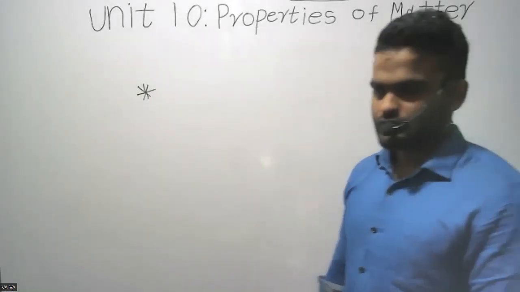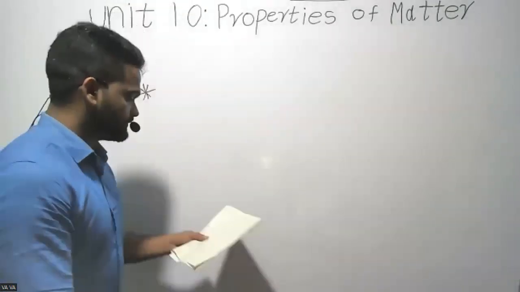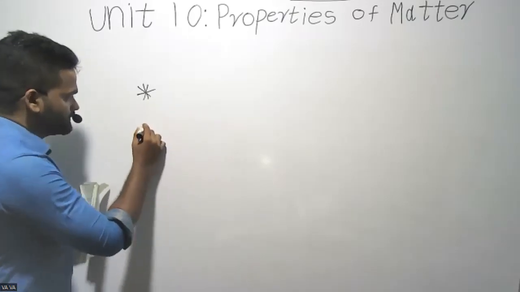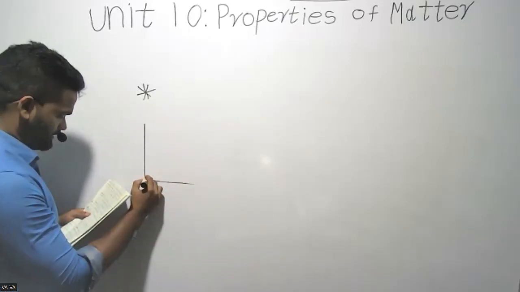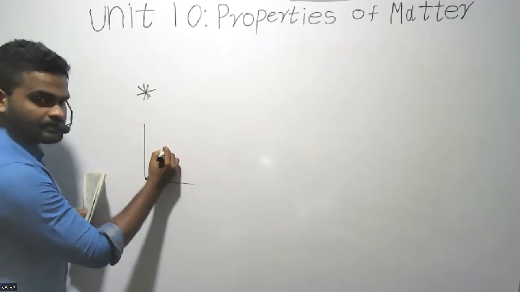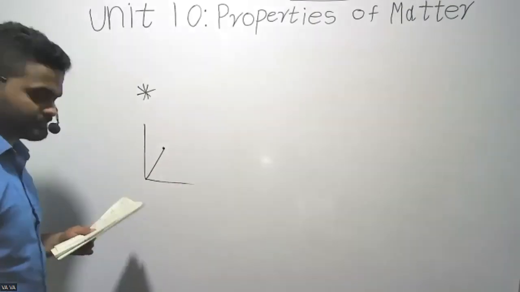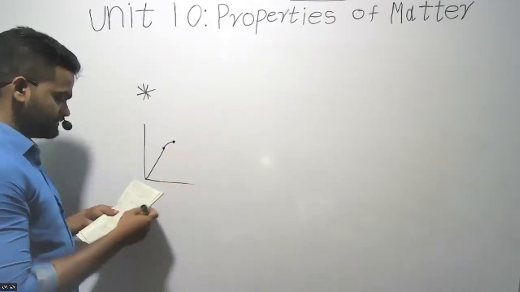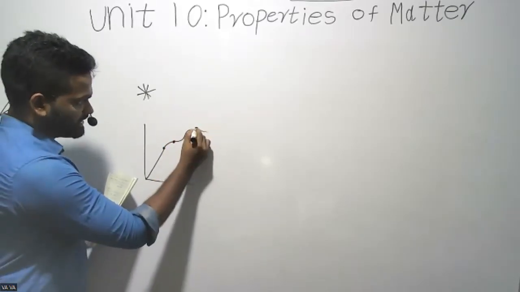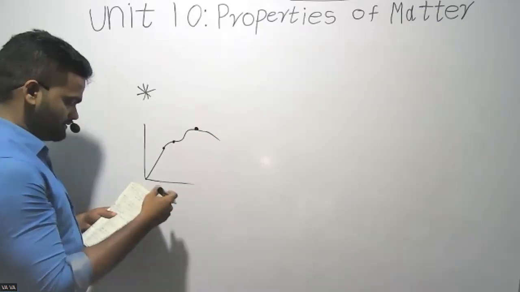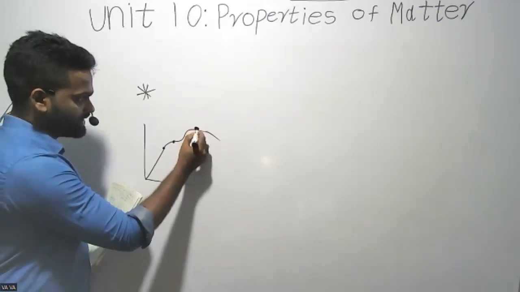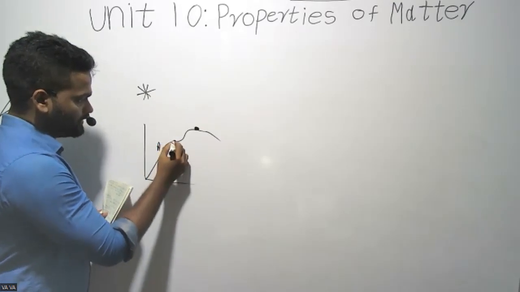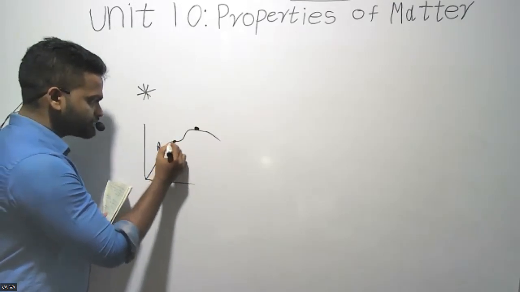So you have to remember that. Here we have the proportional limit, then the elastic limit, and then the breaking stress. So these are constants for materials.